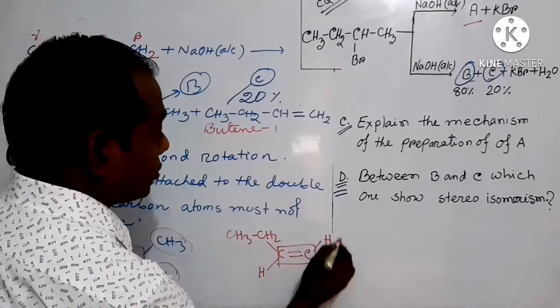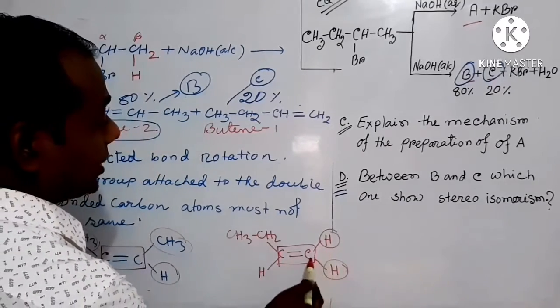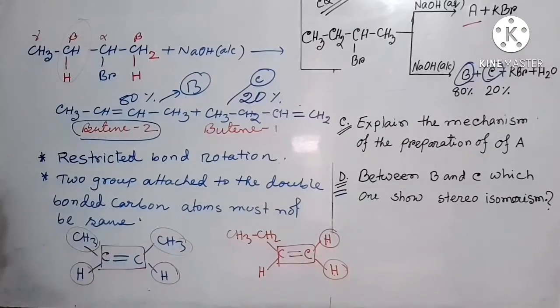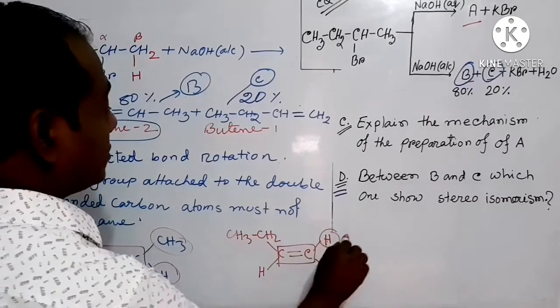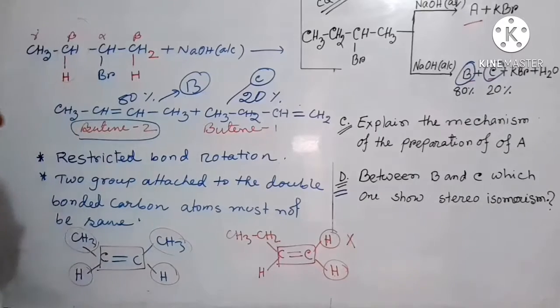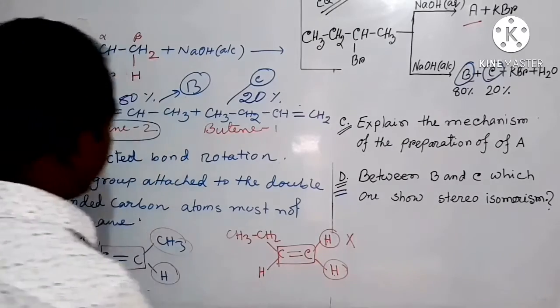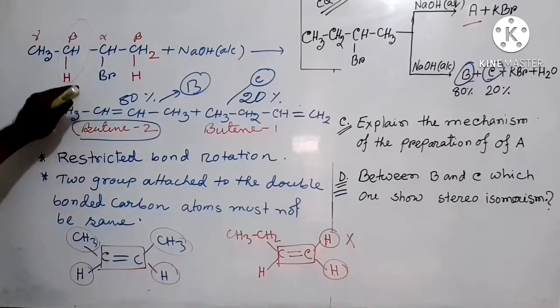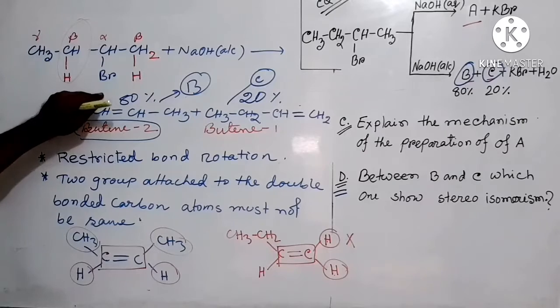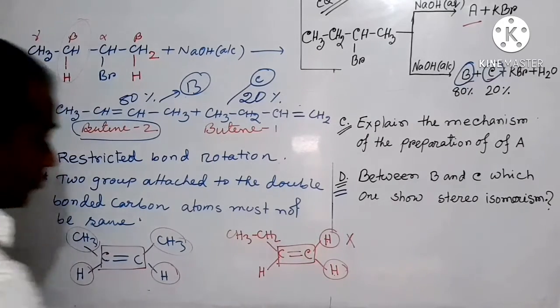But here two hydrogens are present on one carbon, that's why this compound cannot show geometrical isomerism. And that's why only the B compound shows geometrical isomerism, that means stereoisomerism.